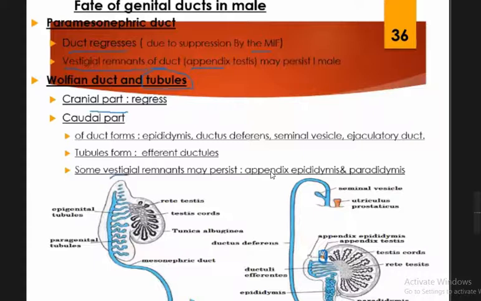So the upper part usually regresses, but the part adjacent to the forming gonad persists, and the Wolffian duct specifically will give rise to the epididymis, the ductus deferens, the seminal vesicles, and the ejaculatory duct.